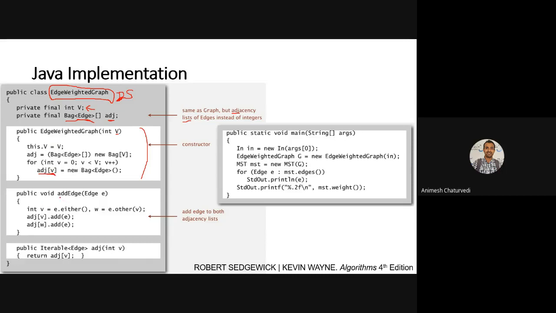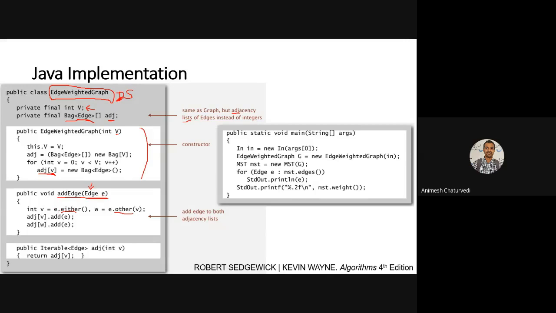Now you can also add an edge e. So what does an edge e consist of? This is the important part. This is how the graph will be formed, by adding edges e. E has two functions, one is either and one is other, which we'll discuss right after this slide.